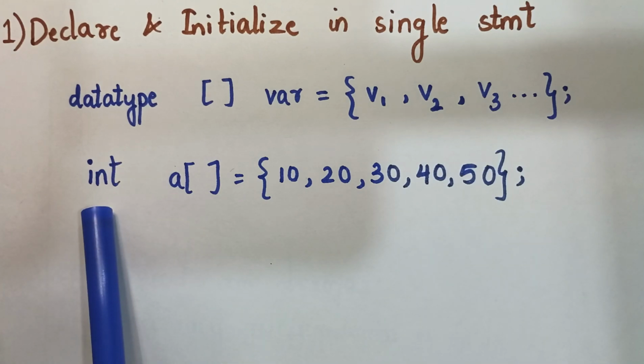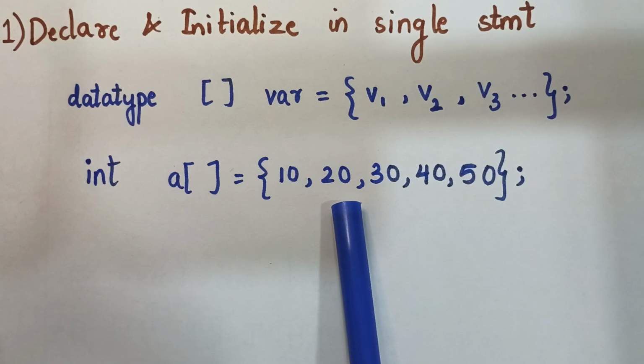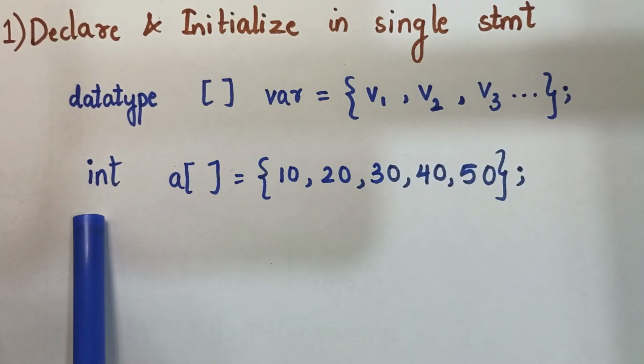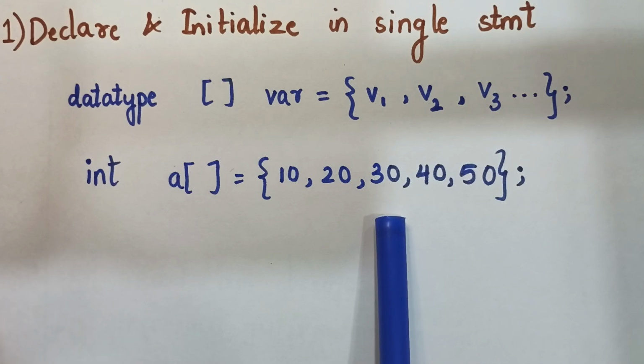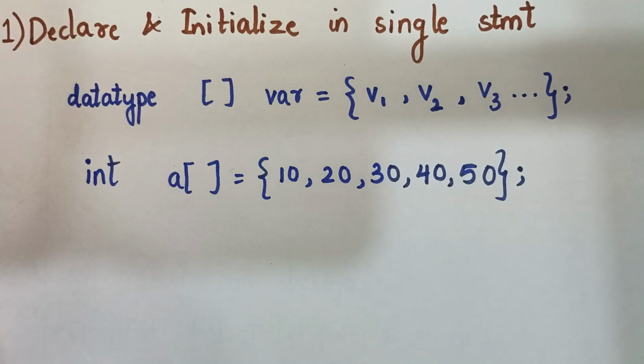Here we are using int, so here we write the numbers. We cannot write 10.2 or 10.3. We have to write numbers only, that is, of integer type. We cannot write a string or character either, because the array data structure is used to store only homogeneous elements.